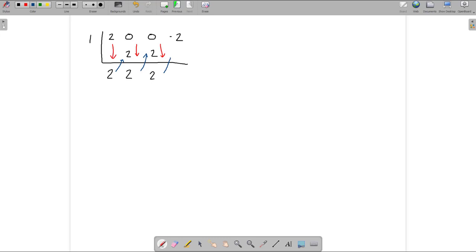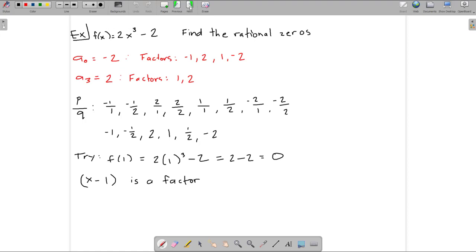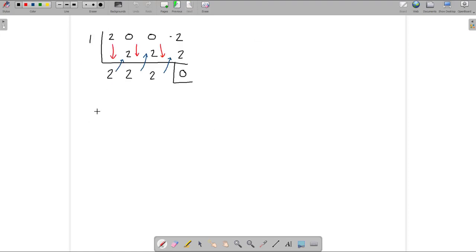And then finally, 1 times 2 gives me 2 one more time, and then 0 remainder. So then I have a quadratic now. I reduced the order of this function by 1. So I now have x minus 1, and I have 2x squared plus 2x plus 2.